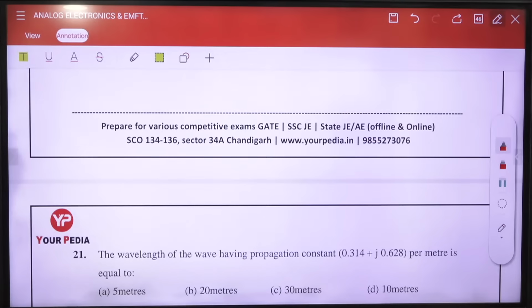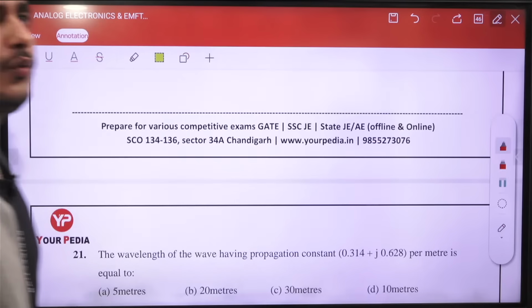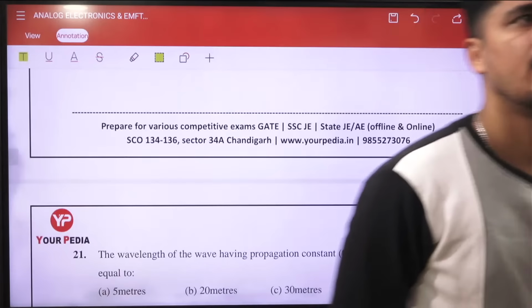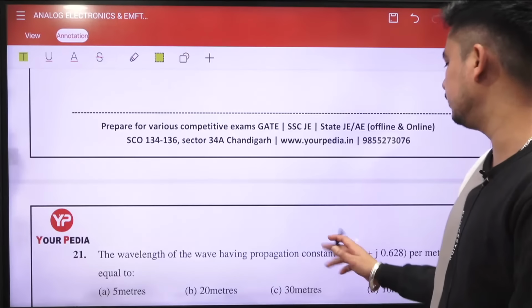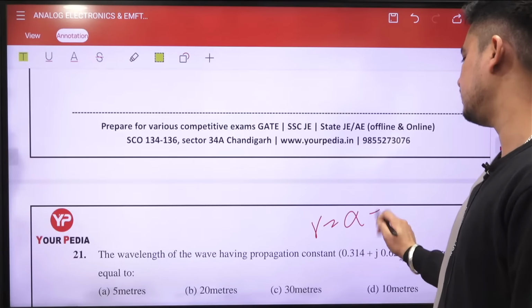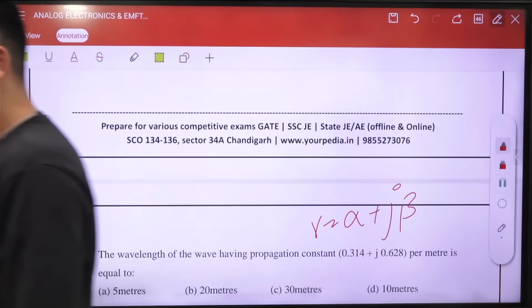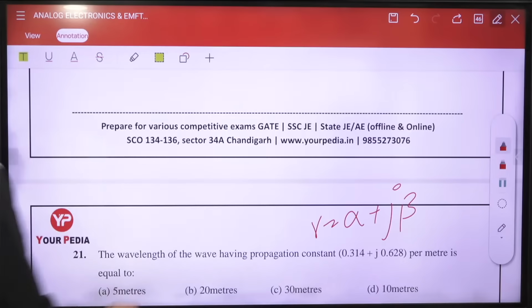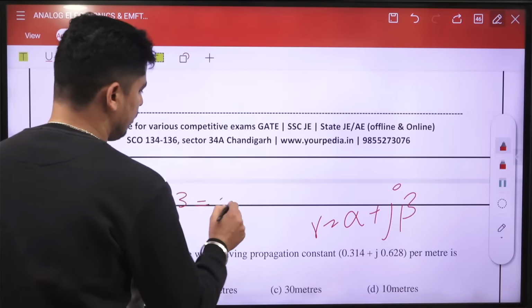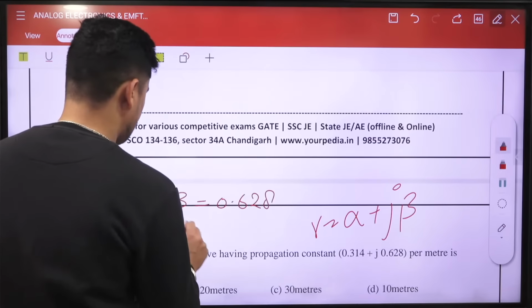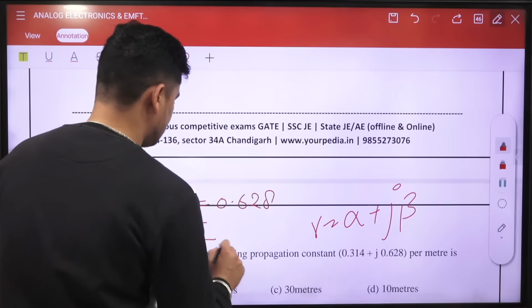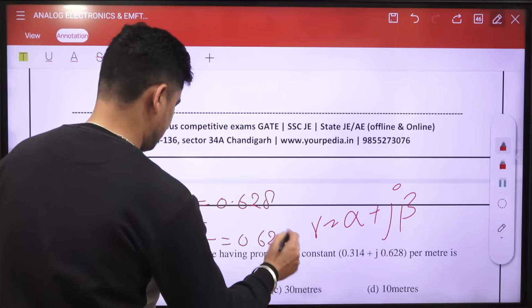The wavelength of a wave having propagation constant gamma is given to you. Always remember, gamma is alpha plus j beta or k, and beta is 2 pi by lambda. So beta is given as 0.628, and 2 pi by lambda is equal to 0.628.